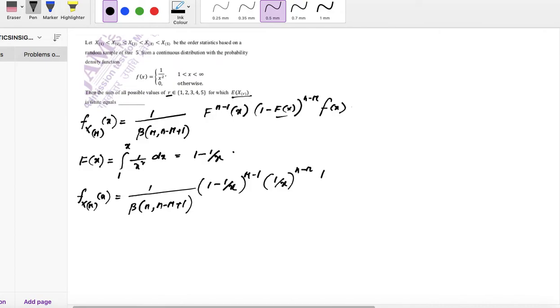And what is f of x? 1 by x square. Now for expectation of xr, expectation of xr is the integral of x and the PDF of Rth order statistic.